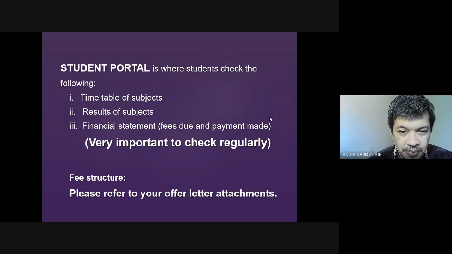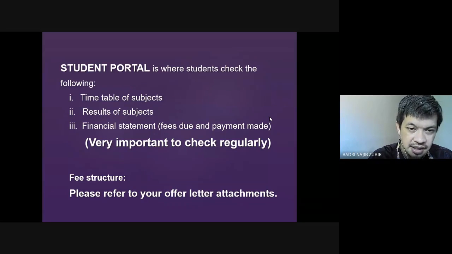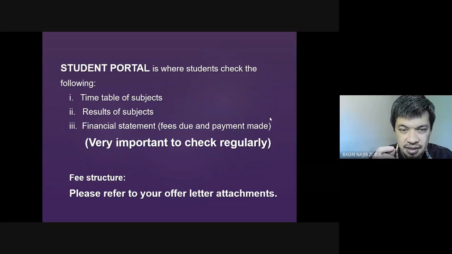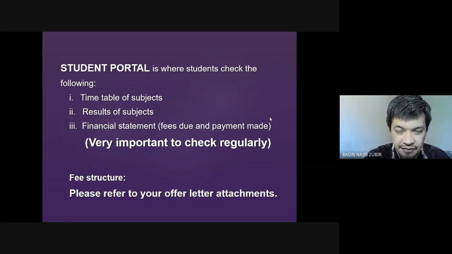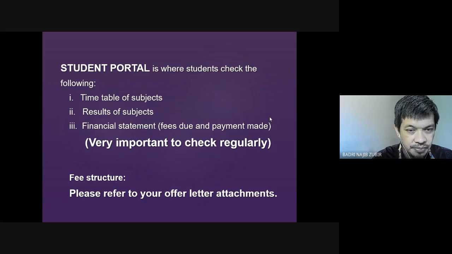There is a way to pay through JomPay. In this situation, if your parent pays using JomPay, the matric number is already keyed into the system. So in that situation, the finance division will know the money comes for student A, for example, or student B or student C. And if you have paid through JomPay, don't assume everything is okay. Just double check in the system.